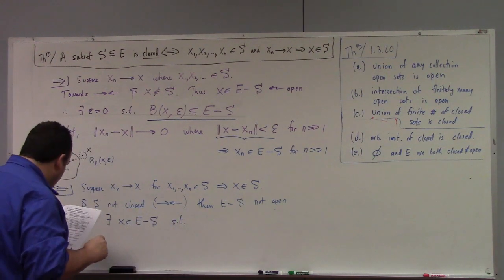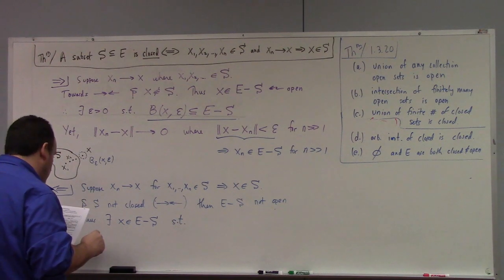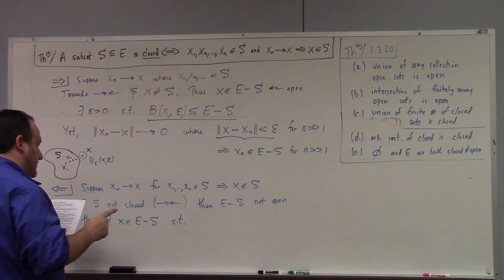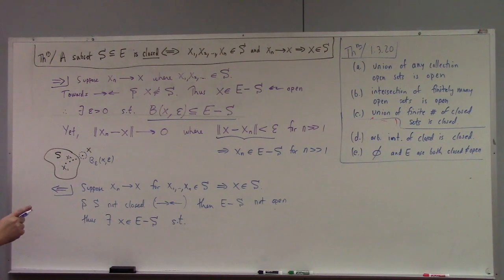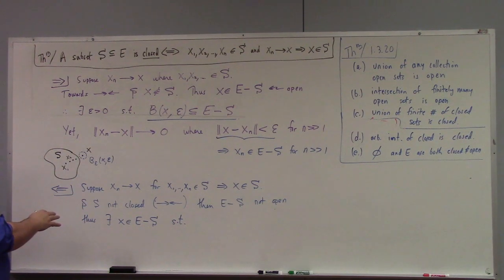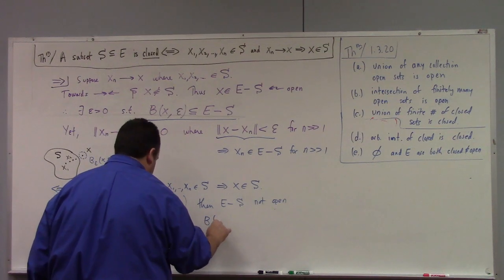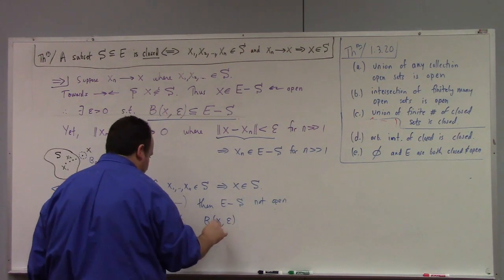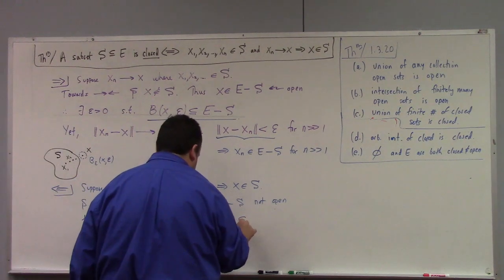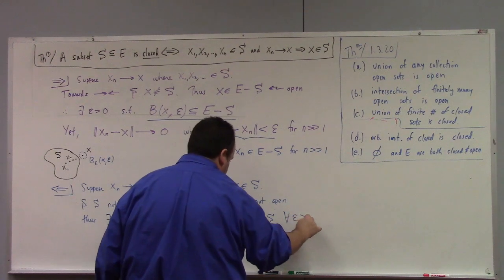Well, it's not open, so that means there has to be a point such that every open ball around x is not a subset of E minus S. Which means that the ball of any radius epsilon around x is not a subset of E minus S, for all epsilon greater than 0.